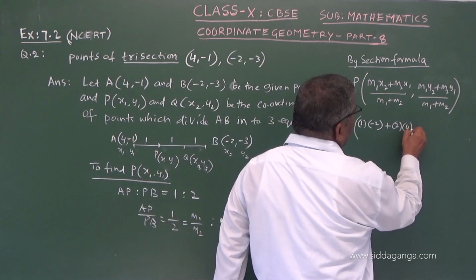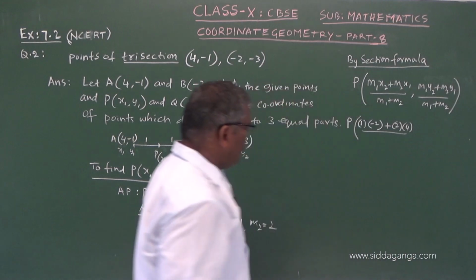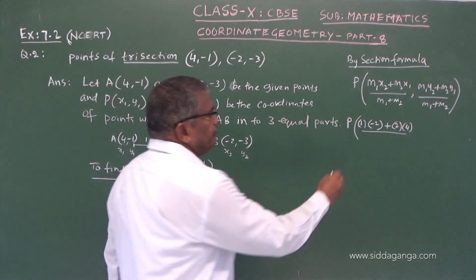This is 4 divided by m1 plus m2, 1 plus 2.